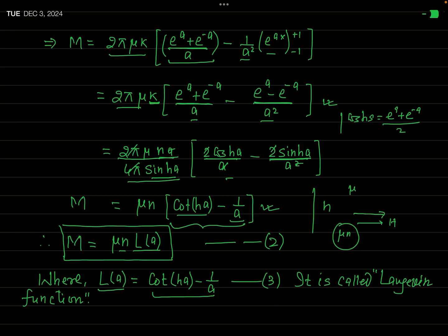So this is actually the maximum magnetization produced in the specimen, and this maximum magnetization will be produced when all the atoms or all the molecular dipoles align along the applied magnetic field.